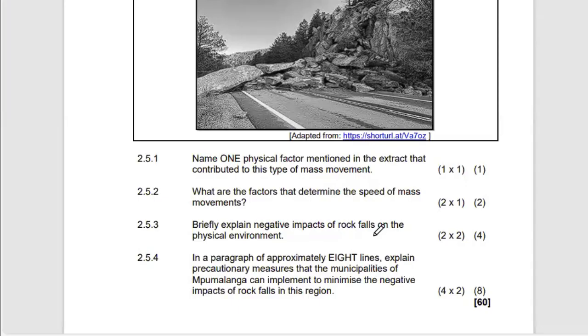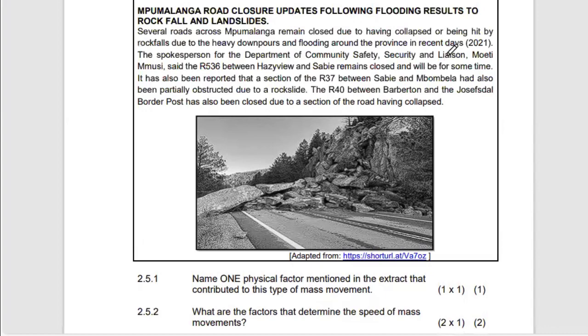It says several roads across Mpumalanga remain closed due to having collapsed or being hit by rockfalls due to heavy downpours. That's the physical factor: heavy downpours, or we can say heavy rain.